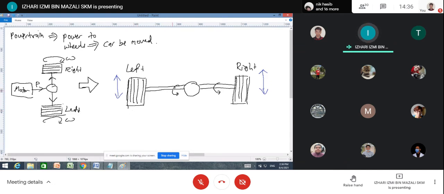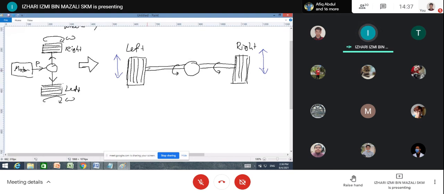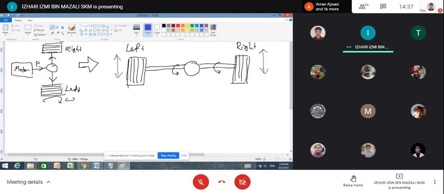If it moves up and down, eventually your shaft will be broken. So it's not practical. We need to redesign our shaft to allow this adjustment because of the suspension. So in this case, you need some modification.